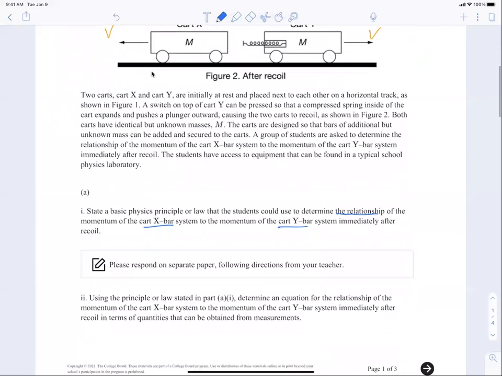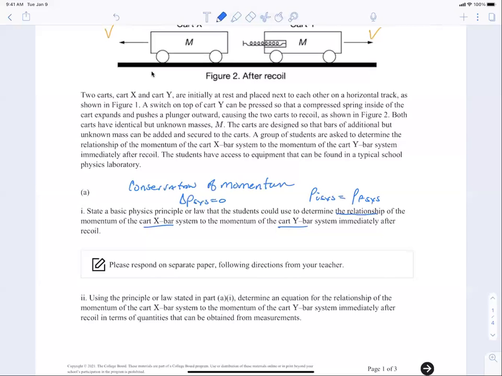So what is the physics principle? The physics principle is conservation of momentum. Okay, so you can write conservation of momentum. You can say change in momentum of the system equals 0. You can write momentum initial of the system equals momentum final of the system.